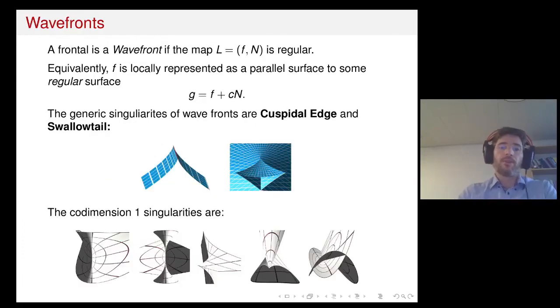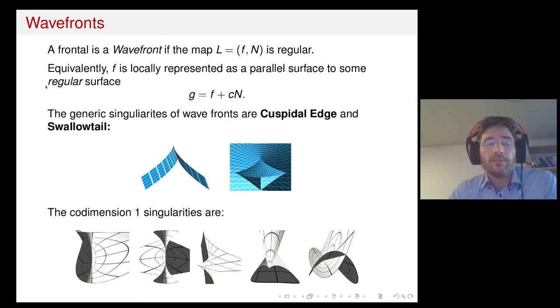The type of frontals where there's so far a good theory of singularities is wavefronts. You could say this is a generic frontal, because a wavefront is a frontal where this map (F, N) is regular at every point.